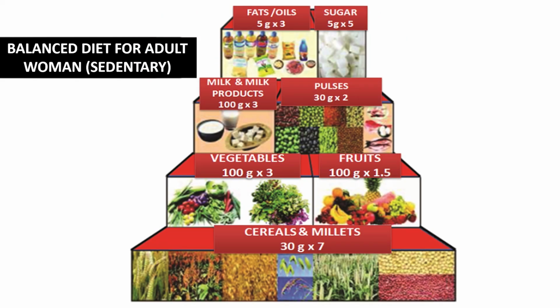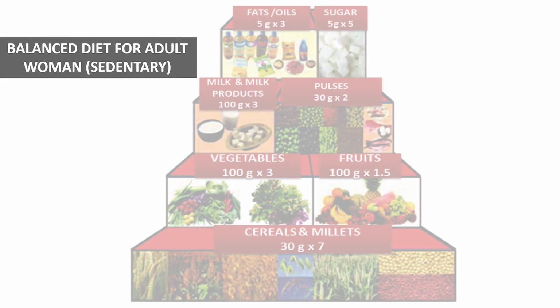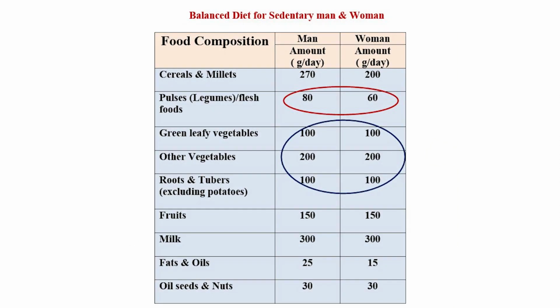Another example we have given is for adult women. See how the amounts vary. In the case of sedentary men, we had 9 portions of cereals. Here they have come down to 7. Similarly, for fat intake, there we had about 5 portions, here only 3 portions.